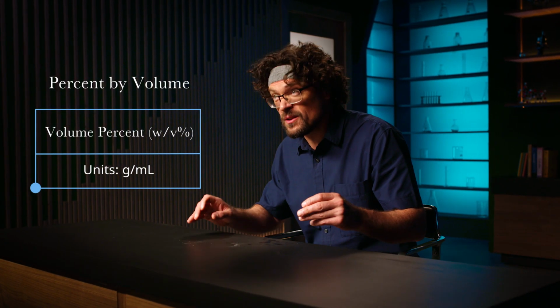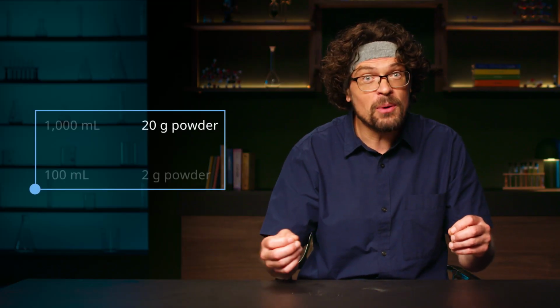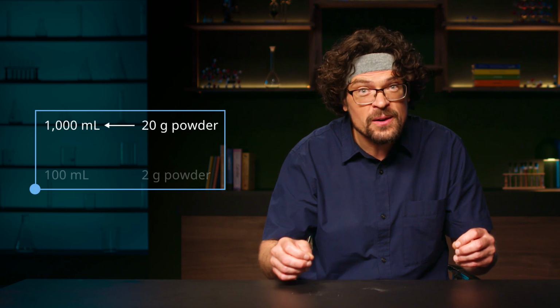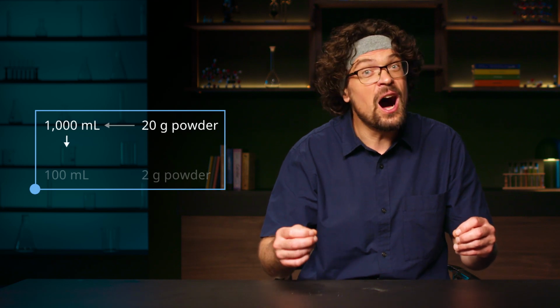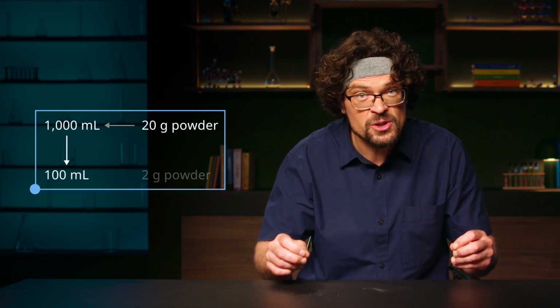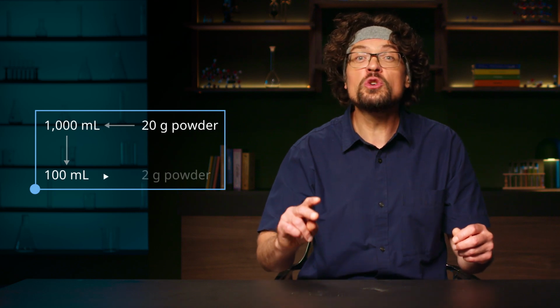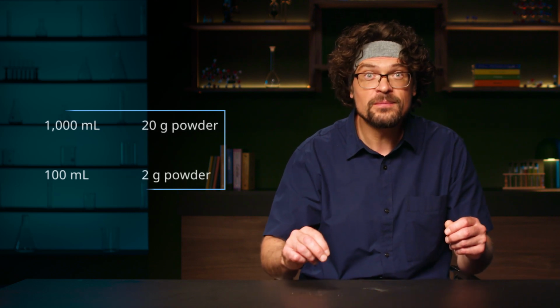We measure out 100 milliliters of solution. For that, it would be useful to have units of grams per milliliter of solution, or percent by volume. So, if I have a solution with 20 grams of powder per 1,000 milliliters of solution, and I drink 100 milliliters of that solution, I would consume 2 grams of powder.